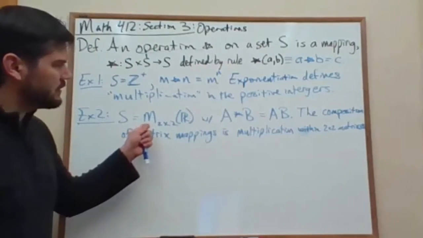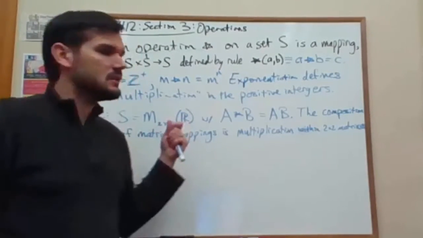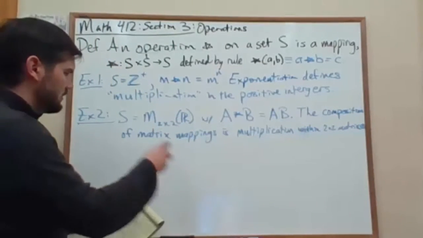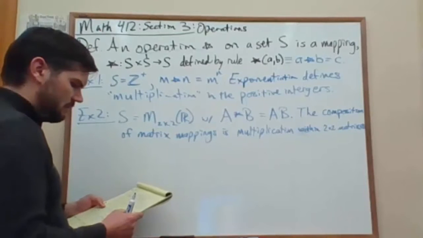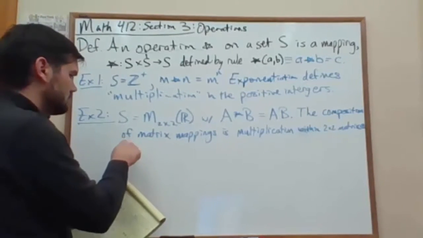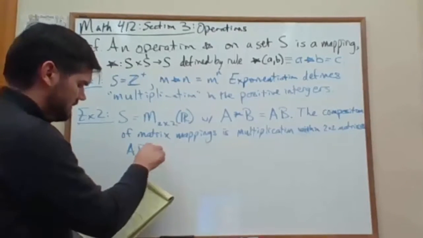Now, we restricted to 2 by 2 just so it's a little bit easier to come up with examples, but this is generalized to n by n. Let me just show you quickly what A times B is defined as.